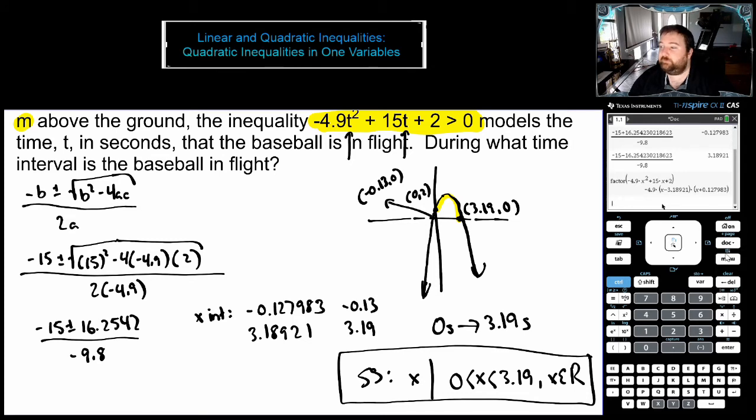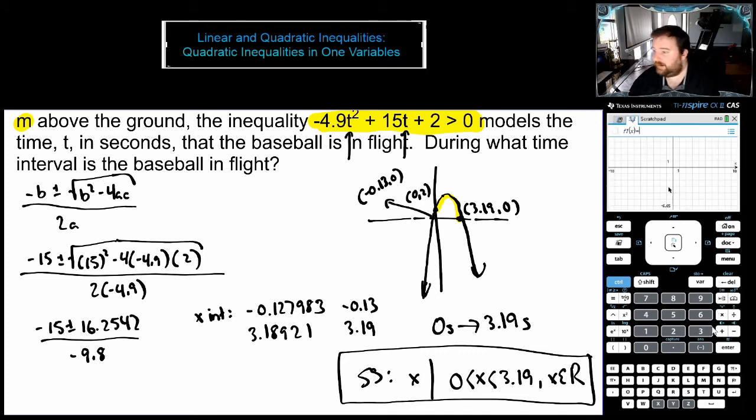Now what I'm also going to do is graph. So let's go to our graph, and I'm going to now graph this. So negative 4.9x squared plus 15x plus 2. So there we go. And of course, it's positive above 0.